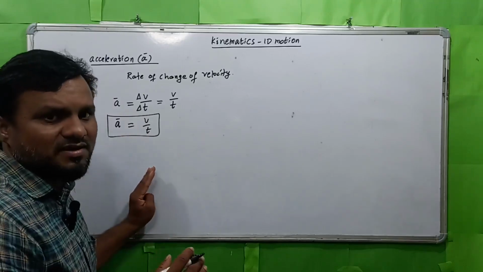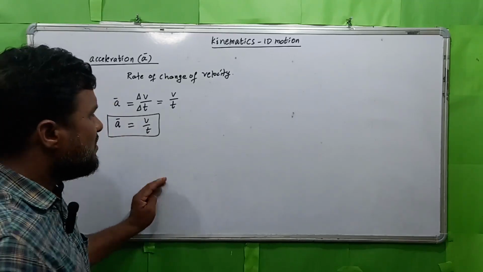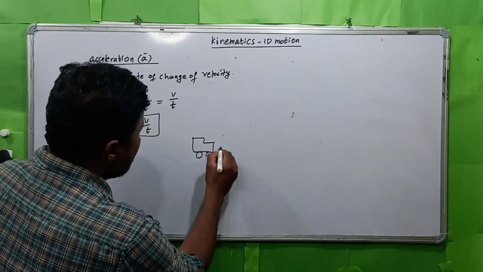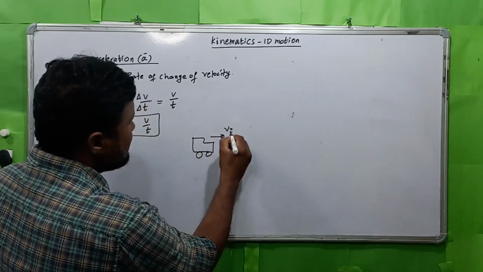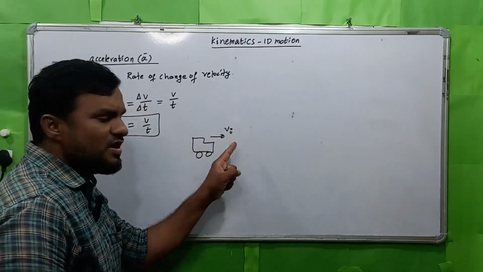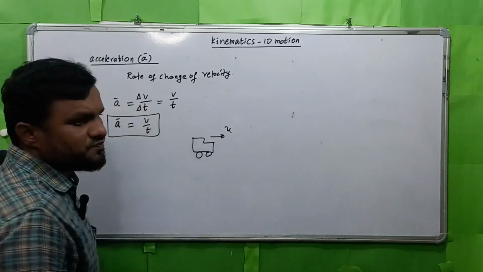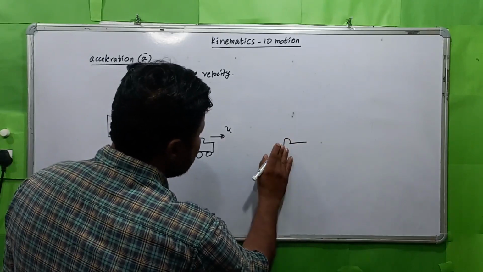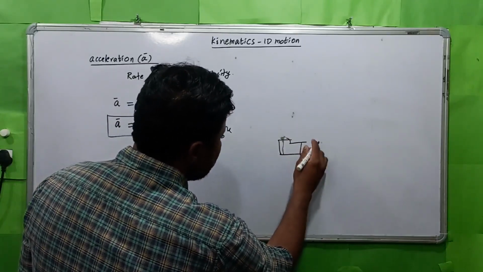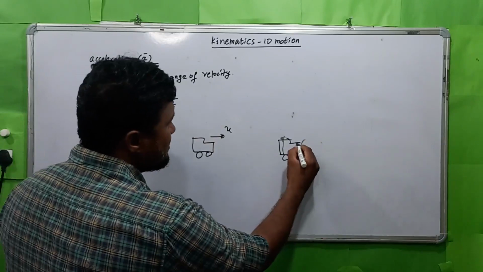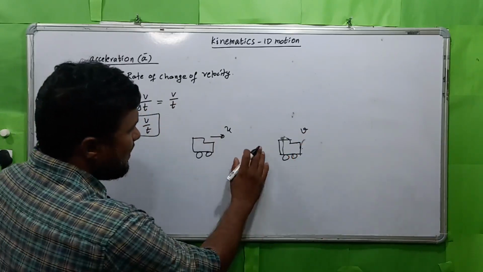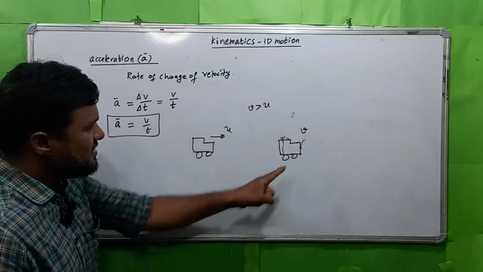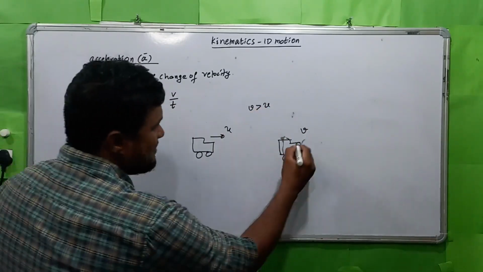How will acceleration be understood? If you observe, there is a car moving with an initial velocity u. After some time, the car reaches here. Now the car is moving with velocity v, and here my assumption is that final velocity is greater than initial velocity.